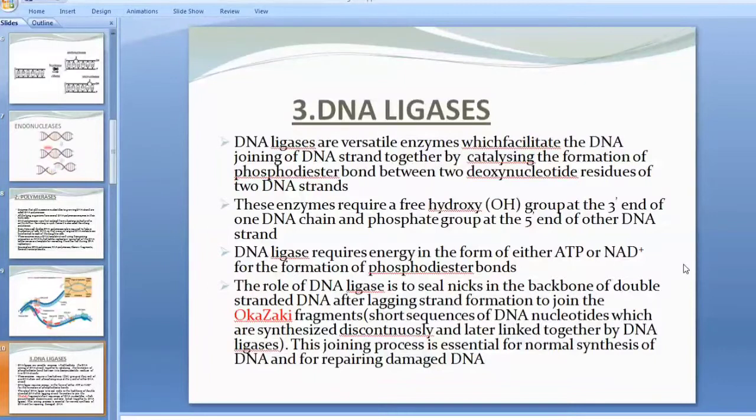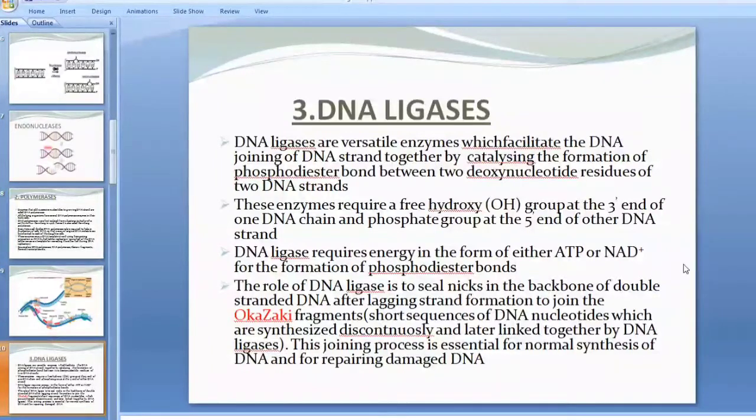So there are already short sequences like primers. In addition to that, there are certain short sequences of DNA nucleotides which are to be linked to the main DNA molecule during rDNA technology.